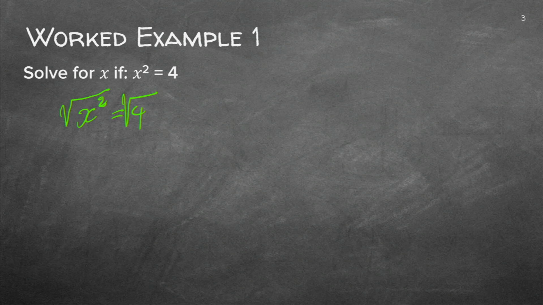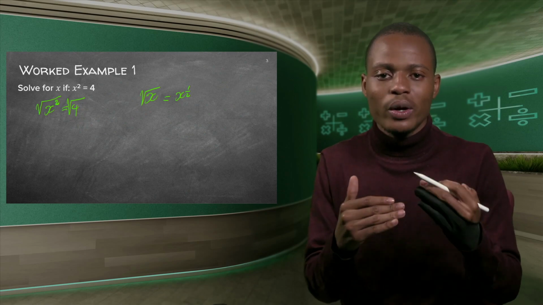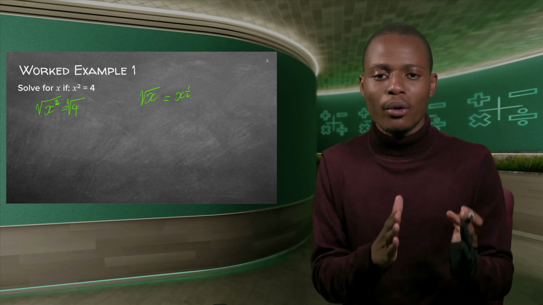The square root of x simply means you have x to the power of 1 over 2. The reason why you see those square roots, cube roots, or anything, is that the power there is a fraction, okay? So that is why we need to bring up a square root on both sides.